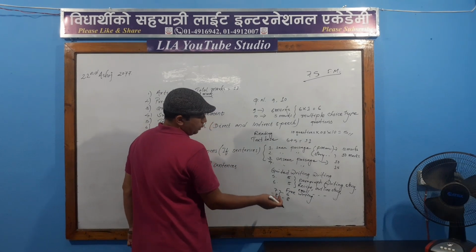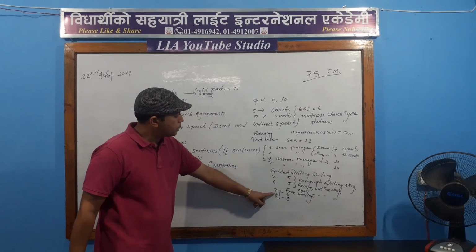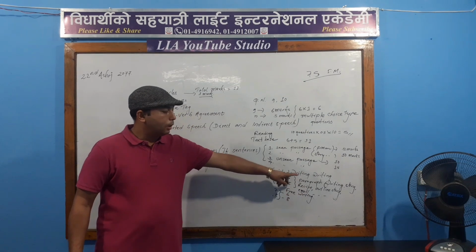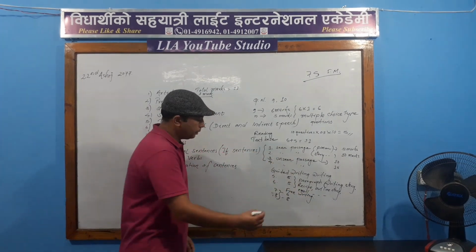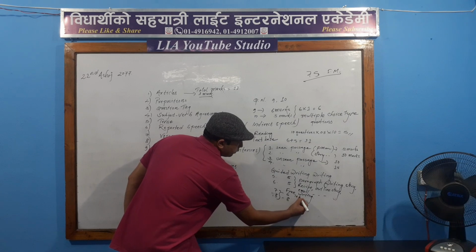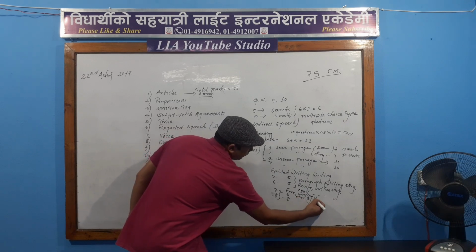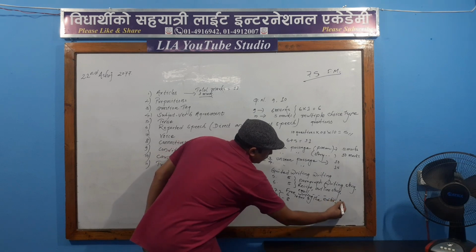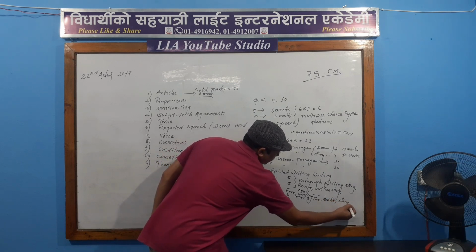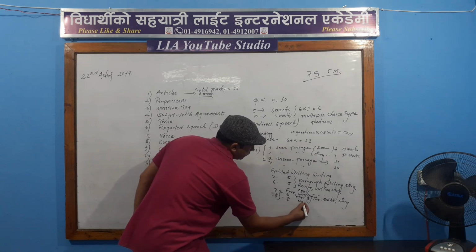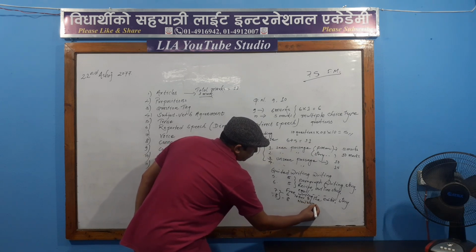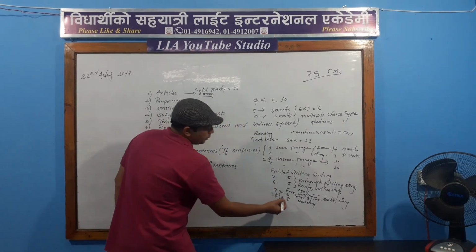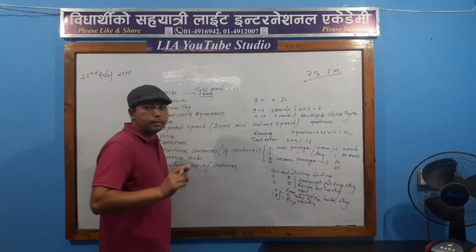So in question number 7 and 8, question number 7 is also somehow paragraph writing, letter to the editor, story writing, news story, etc. Then question number 8, generally only 2 types of questions will be asked.